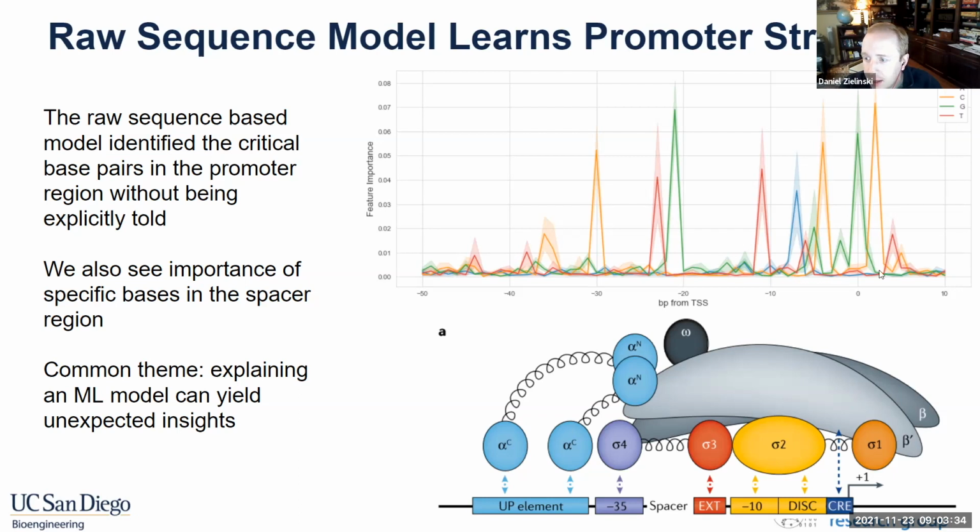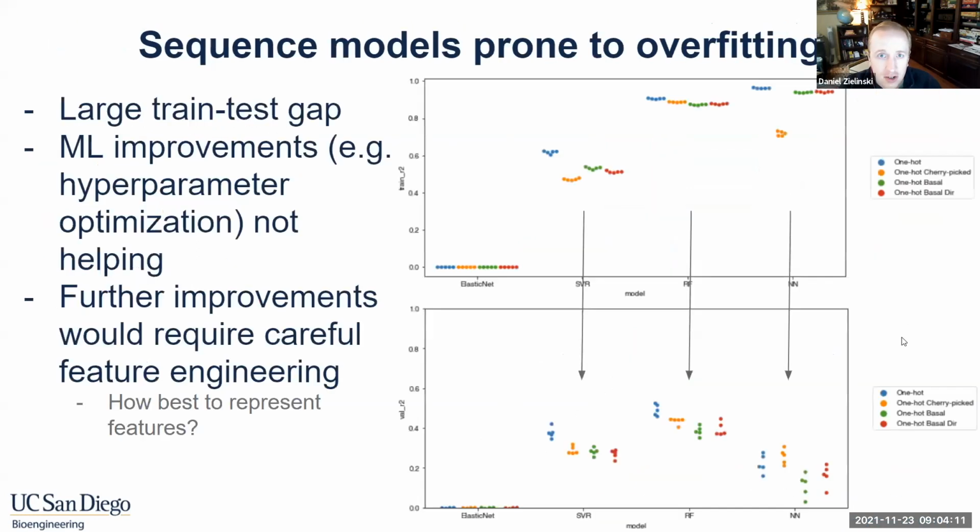You could see that there's this kind of surprising amount of importance at the TSS. So some -35 stuff. The other surprising finding to us was that there are some base pairs in the middle of the spacer that seem to be important, and I think that that's an underexplored thing. But by and large, the expected -10 box, that big T there, showed up, and so there's this concordance between the variable importances and our expected biological understanding.